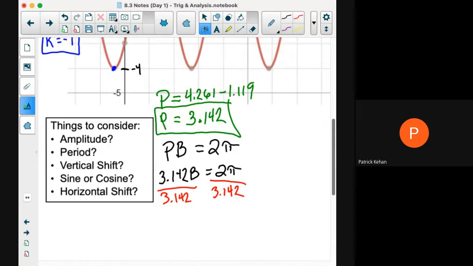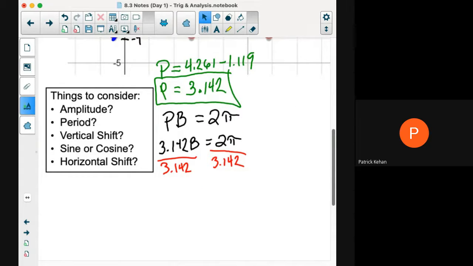Grab my calculator: 2 pi divided by 3.142 is going to be really close to 2. So our angular frequency B equals 1.9997, which, due to approximations from the points given, really should be pi, but we're going to round it to 2.0 at this point.